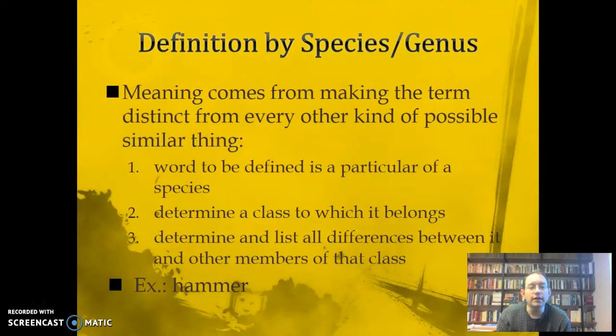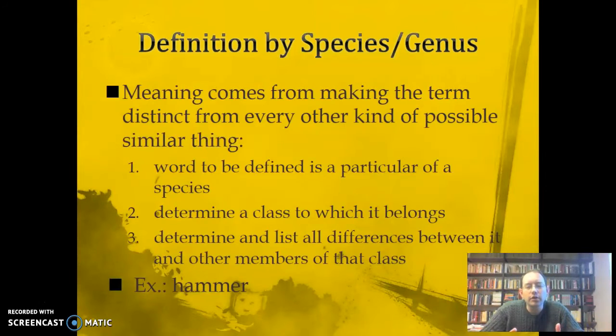Right. Then the really important, exciting thing about this style of definition is this third and most important step. Determine and list all the differences between the hammer and other members of that class, other tools. That is what makes this species-genus definition interesting or worthwhile, is how you differentiate that member, that species, from all the other members of the class.